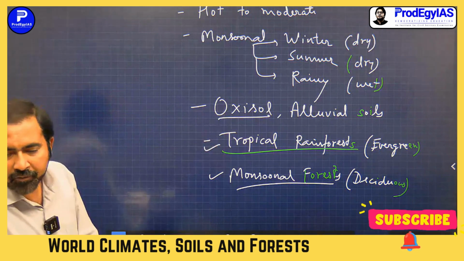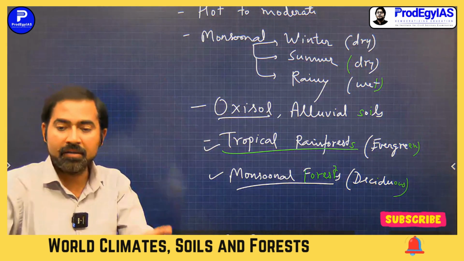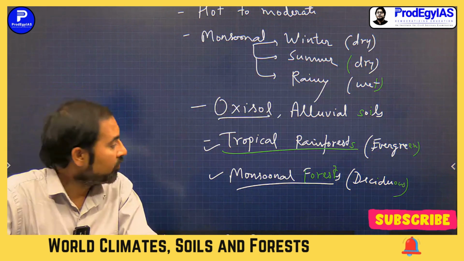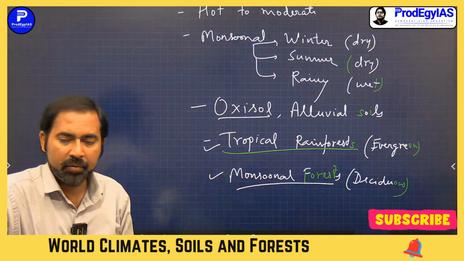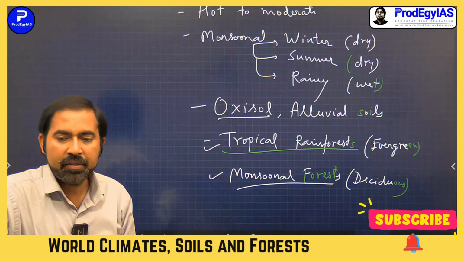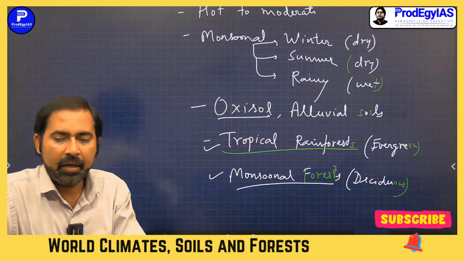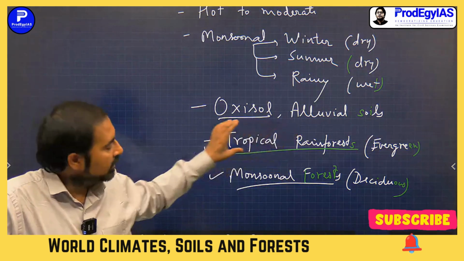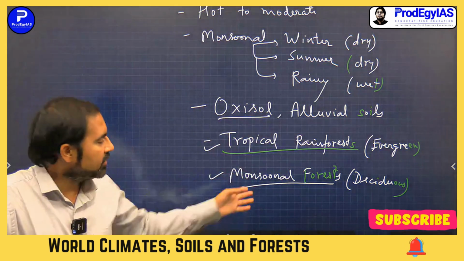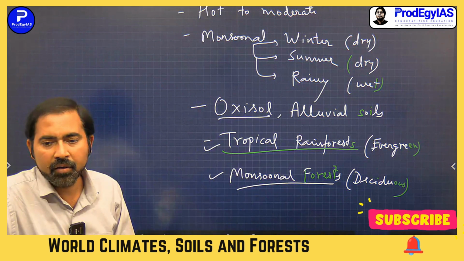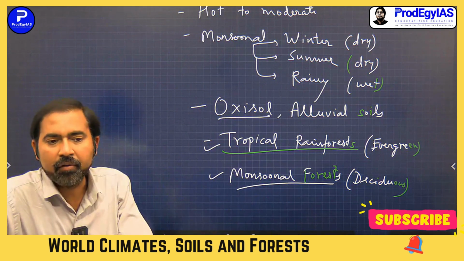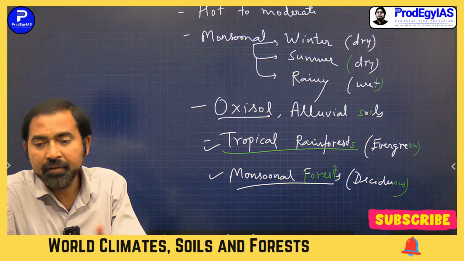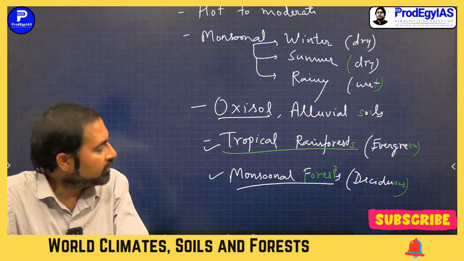Tropical rainforests are found in Western Ghats, in northeastern India, and some of the forests found in less rainy parts adjoining these areas. Such forests receive less rainfall, and in the drier season they leave their leaves. So that is why they are called deciduous.